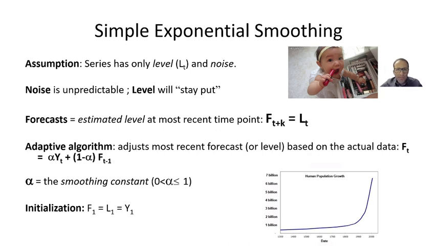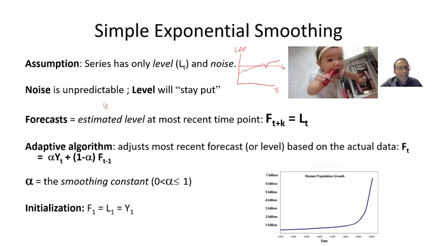I recall that a level, for instance, if we have a time series with a y-axis and a time axis, and we have GDP, something like this, the level is the average of everything. That is the level L_t. And the noise, or the remainder, is the rest.